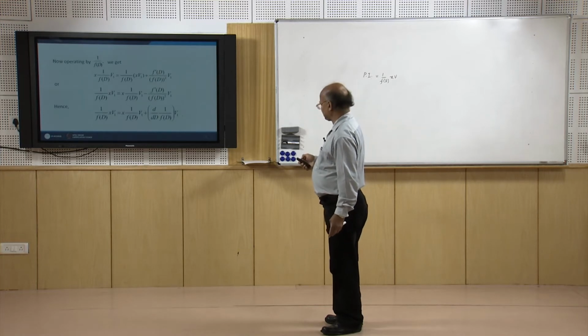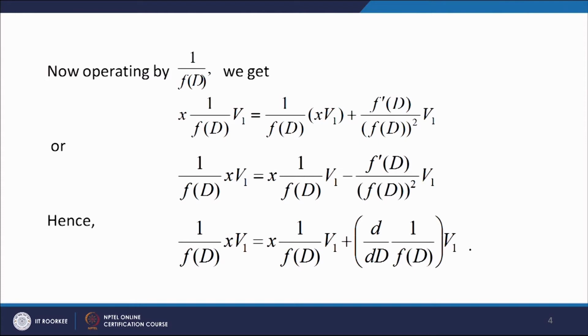So, we get x 1 over F(D) V1, and then on the right hand side we get 1 over F(D) operating on xV1, then 1 over F(D) operating on F'(D), and then 1 over F(D) on V1, which can be interpreted as F'(D) over F(D) whole square operating on V1. So, we get this 1 over F(D) operating on xV1, then F'(D) over F(D) whole square operating on V1.